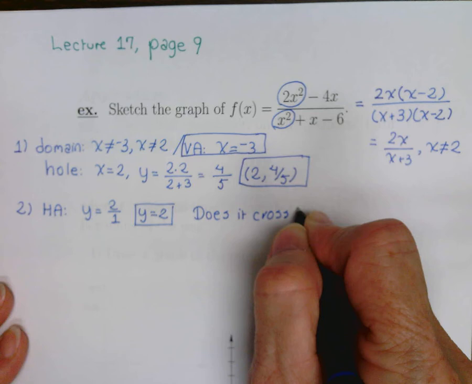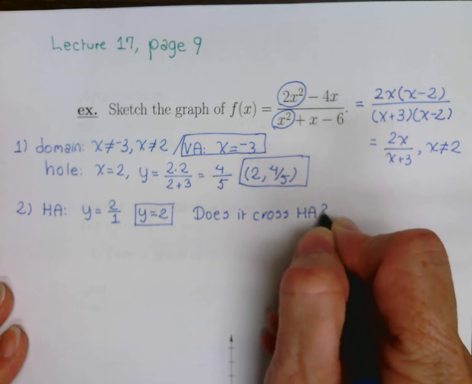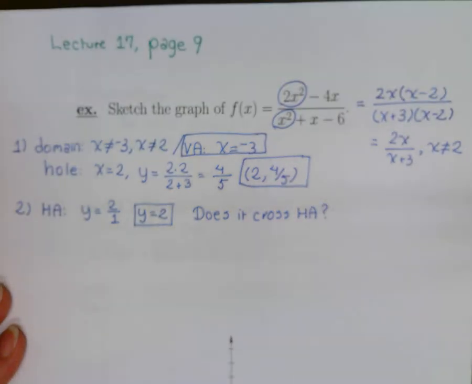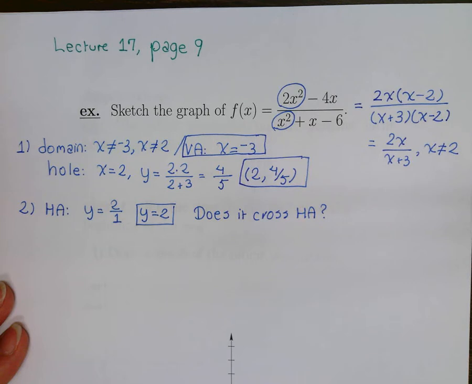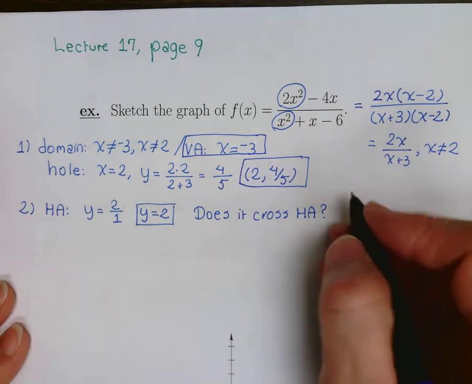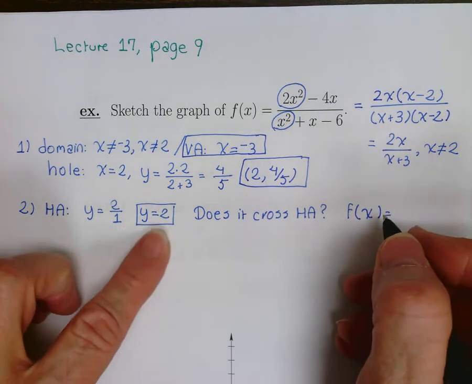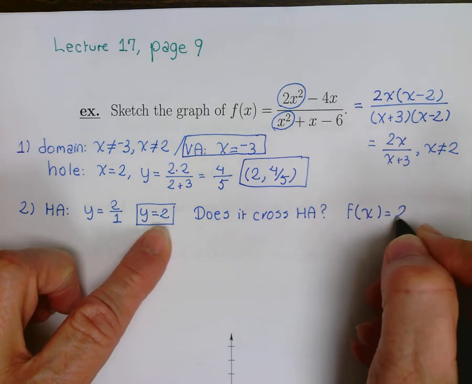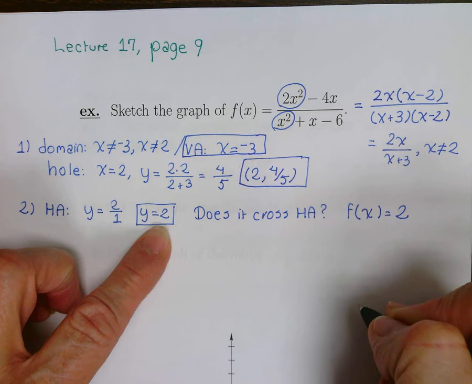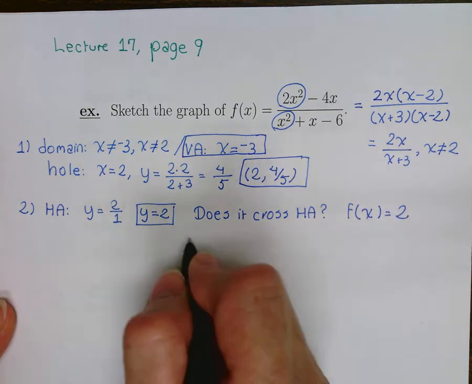This is useful because sometimes you're not quite sure how it goes, and knowing whether it crosses or not can help you out there. So what do I do to figure that out? I see if the equation f of x equals 2, the y value of the horizontal asymptote, has a solution.